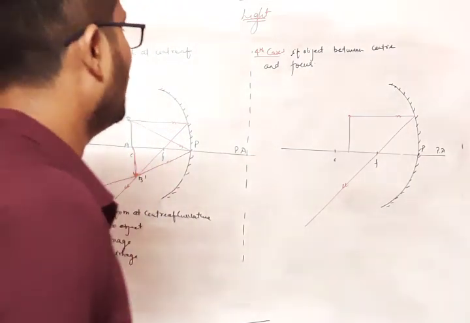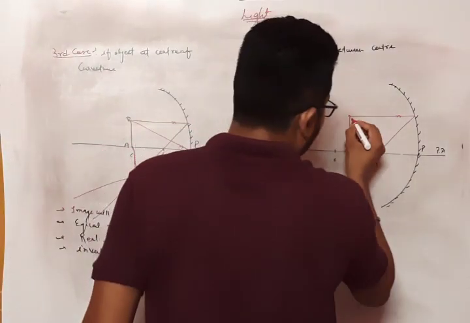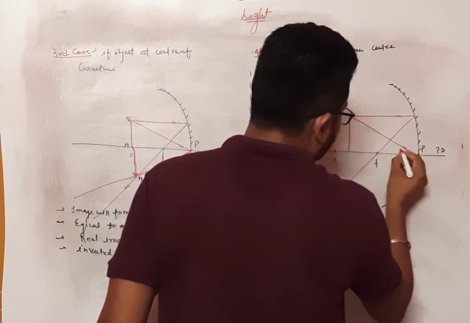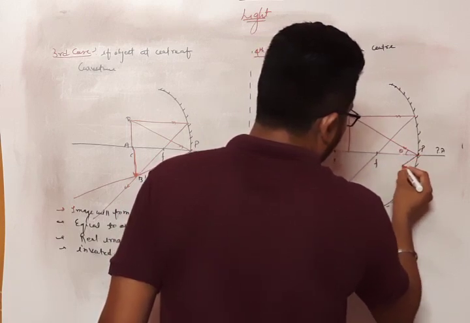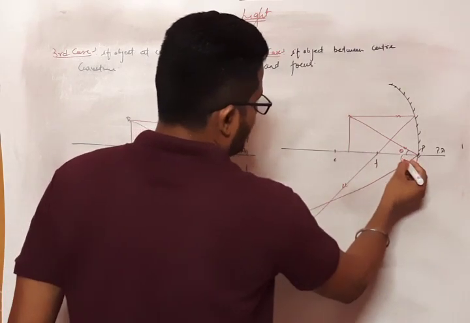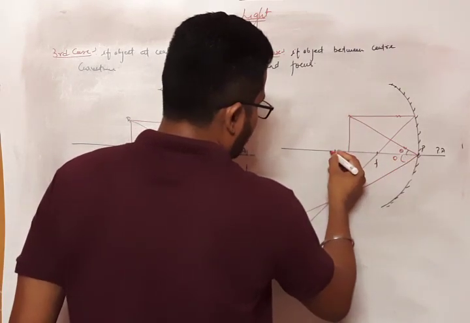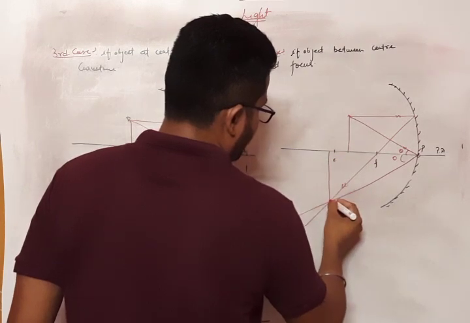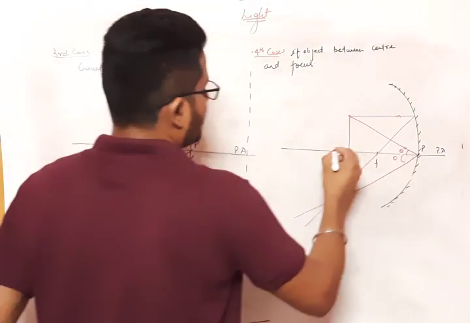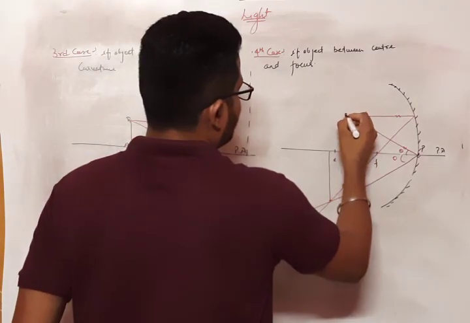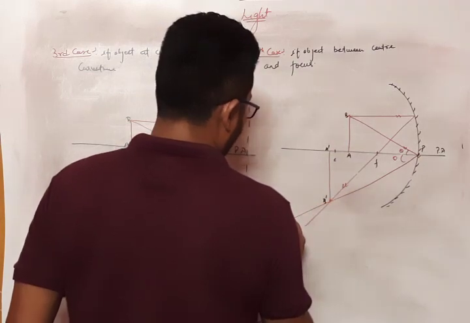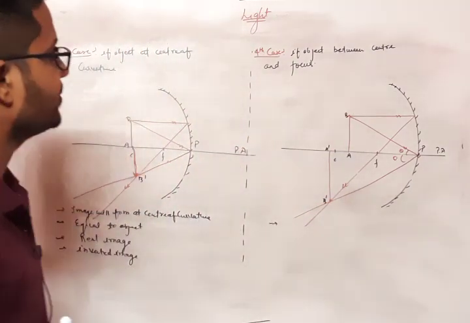Okay beta, or next, like this one, this is angle theta and it will come like this one. Okay, this is also angle theta and the image will form here. Okay beta, so this point is A and this point is B, this point is A dash, this point is B dash. Okay beta, so what is the information about the image?